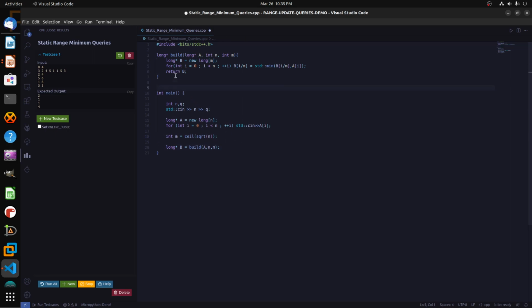Let's implement the function range query.